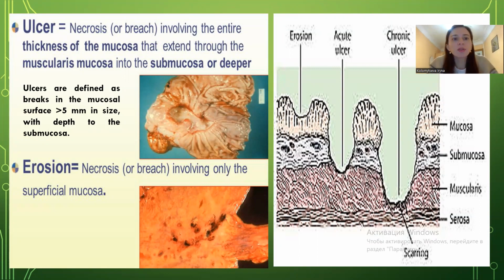Ulcers are defined as breaks in the mucosal surface more than 5 mm in size, with depth to the submucosa, and erosion is necrosis involving only the superficial mucosa.